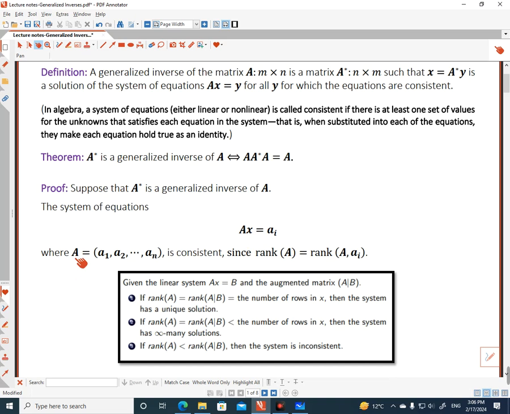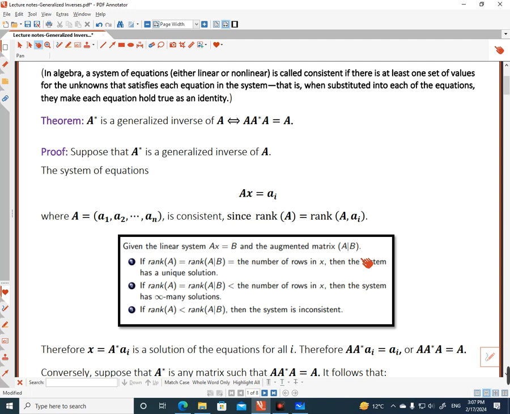I assume that I can write the matrix A as A1, A2 up to An. Each Ai is an m by 1 vector, and the system is consistent. Since it is a consistent relation, the rank of A is equal to the rank of the augmented matrix A and Ai.